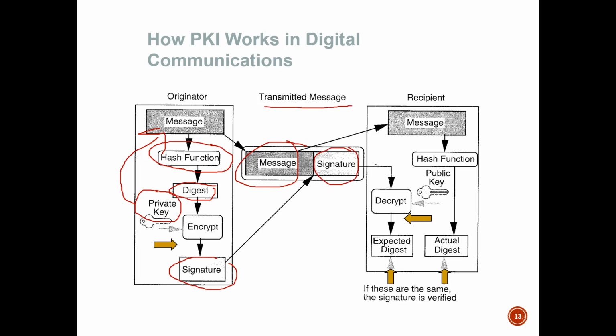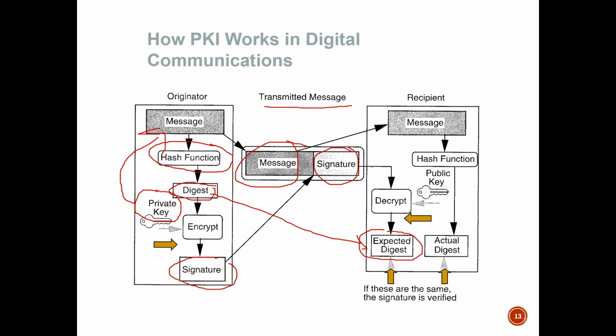When it reaches the destination, the destination decrypts it using the sender's public key in order to get the expected digest. This is the exact digest that it should get, of course, as we assume.